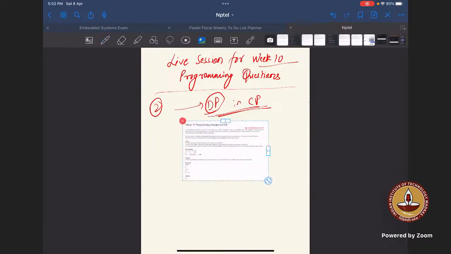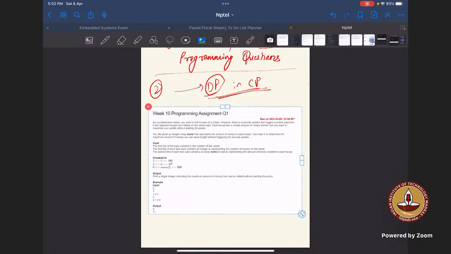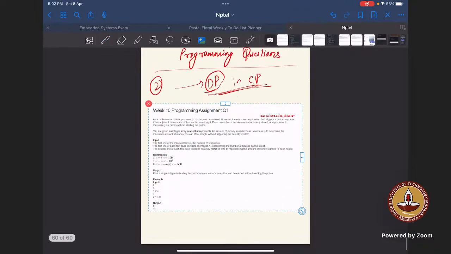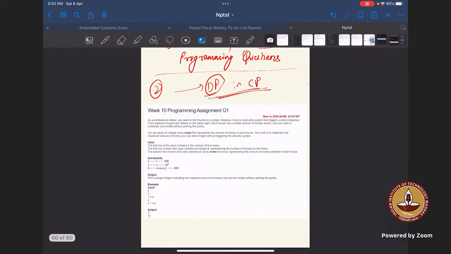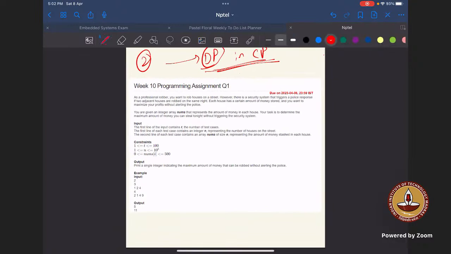Yeah, I hope the question is visible. So let's read the question properly. As a professional robber, you want to rob houses on a street. However, there is a security system that will trigger a police response if you try to rob two adjacent houses, right?